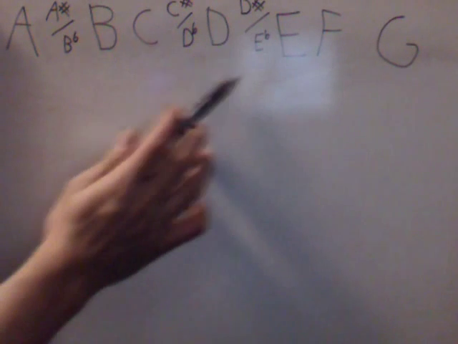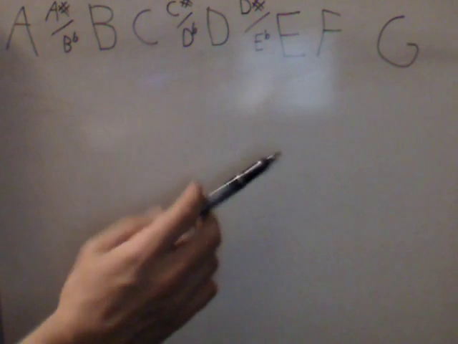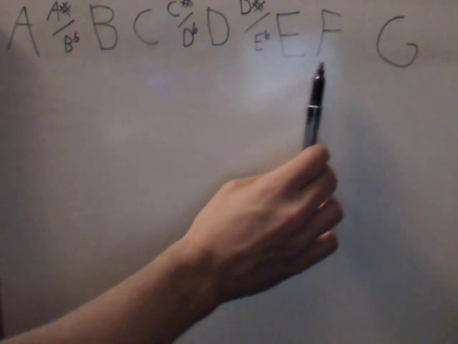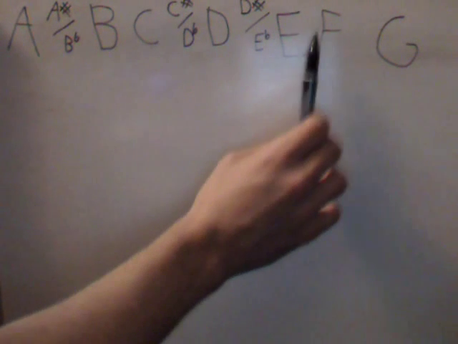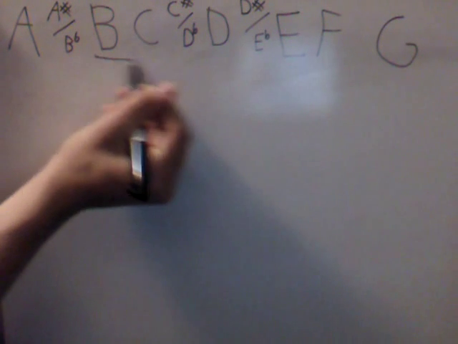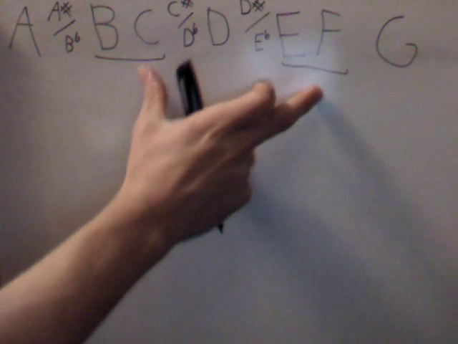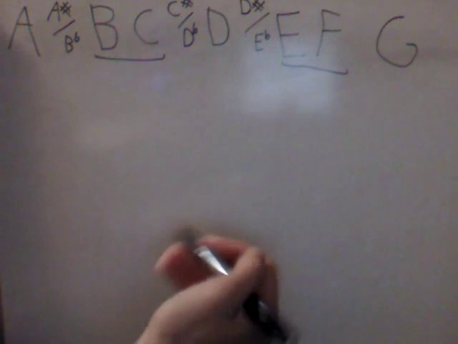D sharp because it's the note above D, E flat because it's the note below E. Again, between E and F there's another exception. There's no note in between E and F. So there's no note in between B and C, and E and F. Those two things you'll just have to memorize and know.